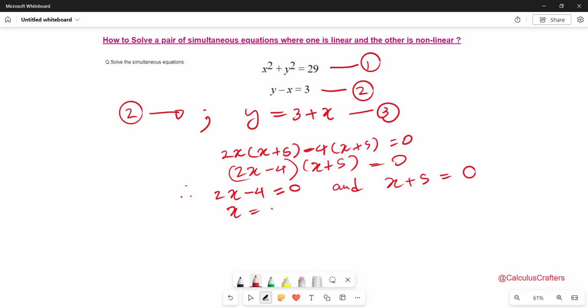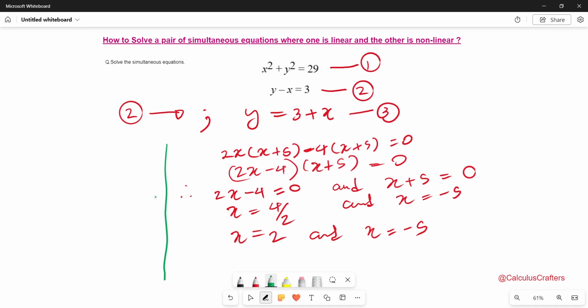Then x is 4 over 2 and x is negative 5. Then we know 4 over 2 is simply 2, and x is negative 5. But as you can see, there are two answers for x. If there are two answers for x, that means there are going to be two answers for y as well.